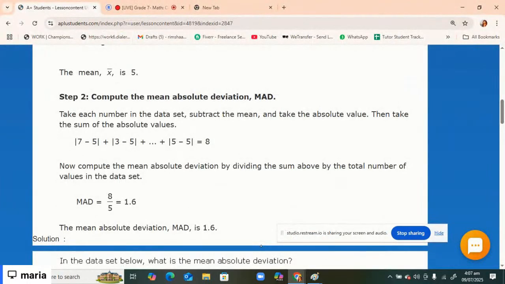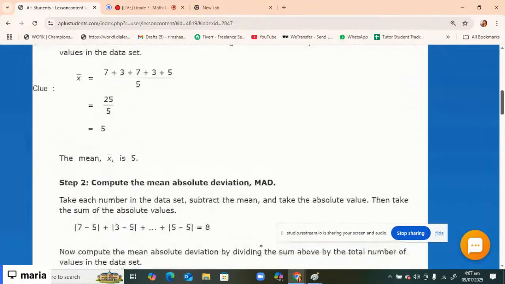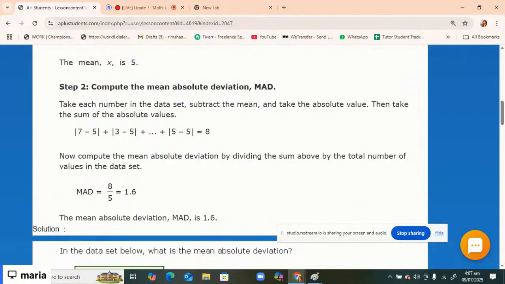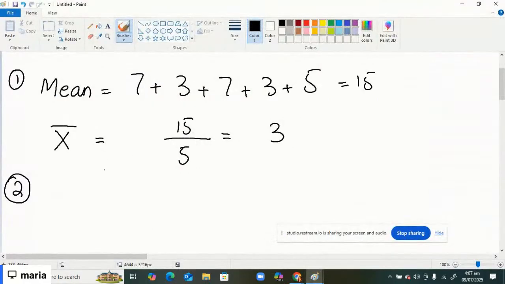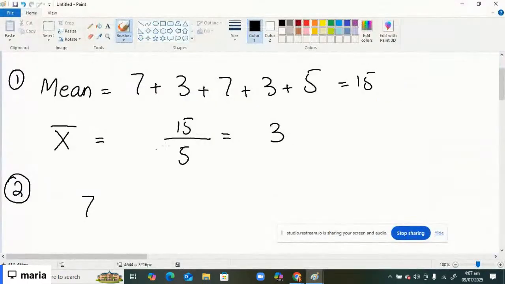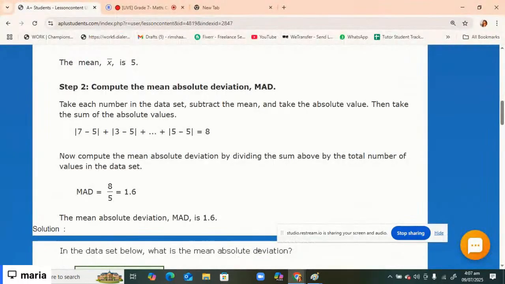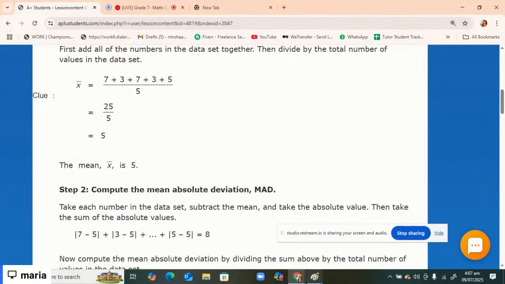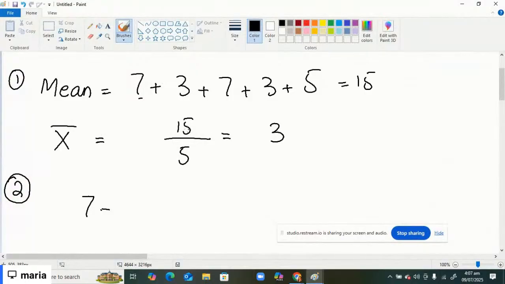Now compute the mean absolute deviation. What we do is subtract the mean from all these numbers and take the absolute value. Like this way: 7, and then we subtract. Sorry, it's not 15, it's 25.